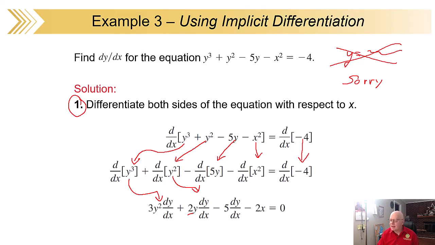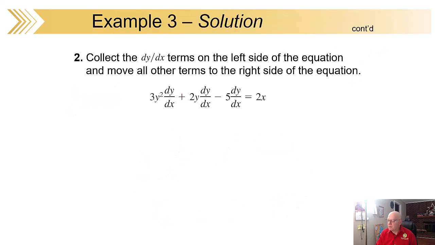All right, what's next? We've taken the derivative of each of the individual terms. Now what do we do? We get all the dy/dx terms on one side. That means all 3 of these are going to be on the left, and this we're going to move to the right. There you go. What's next? We're going to factor out all these dy/dx's.